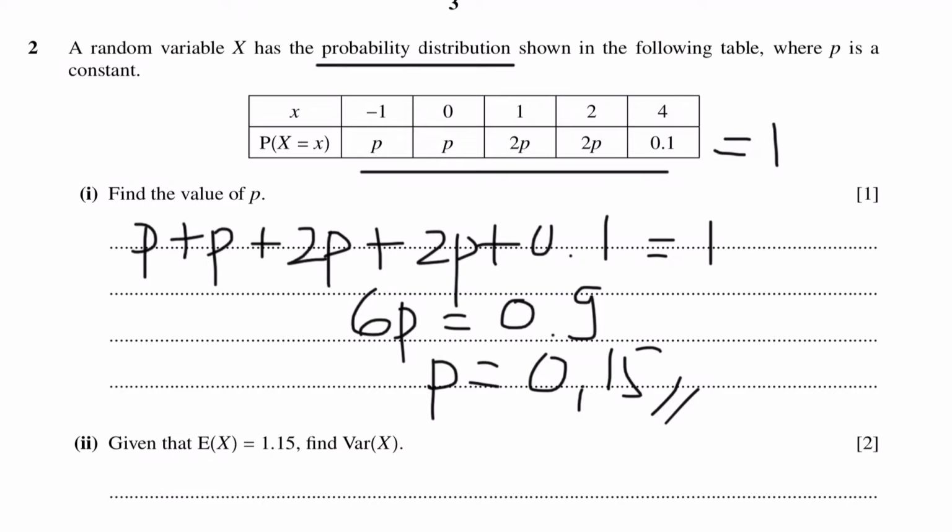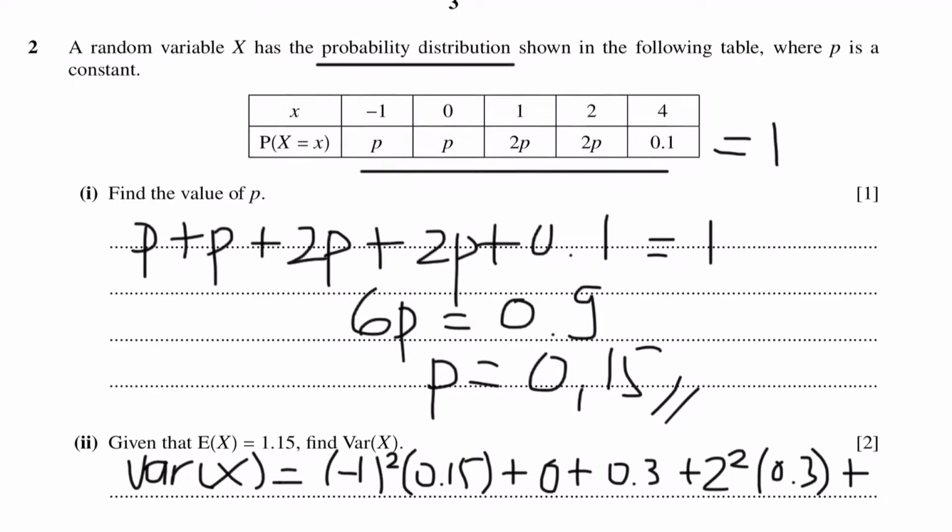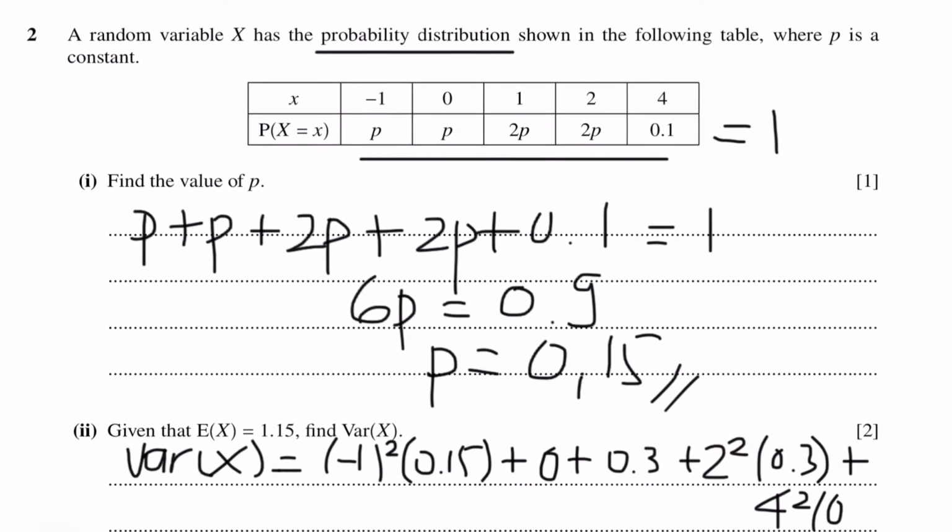So for x, you have -1 squared multiplied by 0.15, plus 0 squared multiplied by 0.15, which is 0, plus 1 squared multiplied by 2P, which is 0.3, plus 2 squared multiplied by 0.3, and 4 squared multiplied by 0.1.